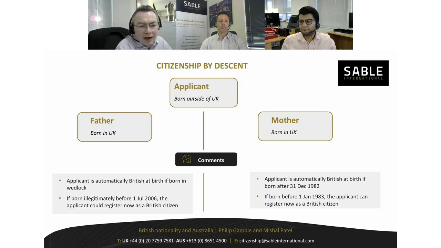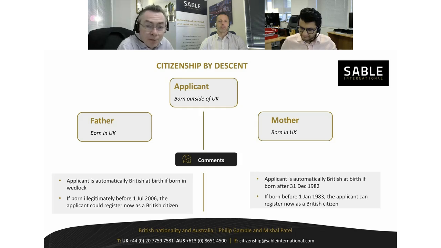If you're born outside of the UK to a father born in the UK and your parents weren't married and you're born after the 1st of July 2006, that's okay. You still have a claim to British nationality in the modern day.